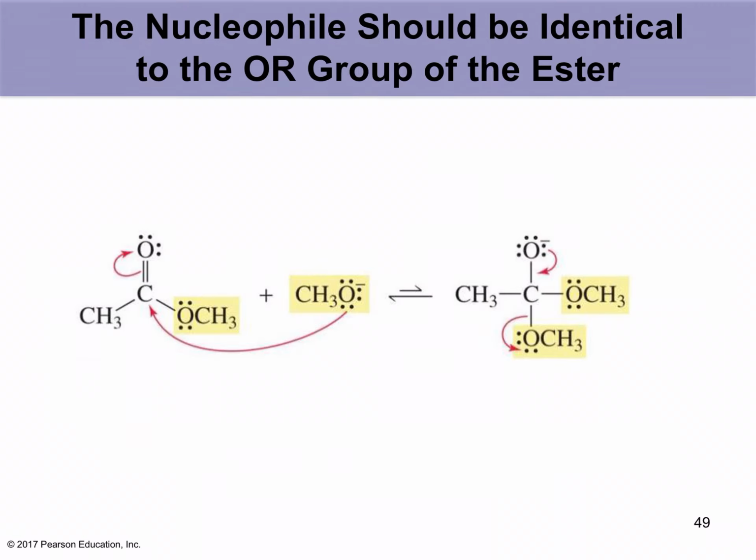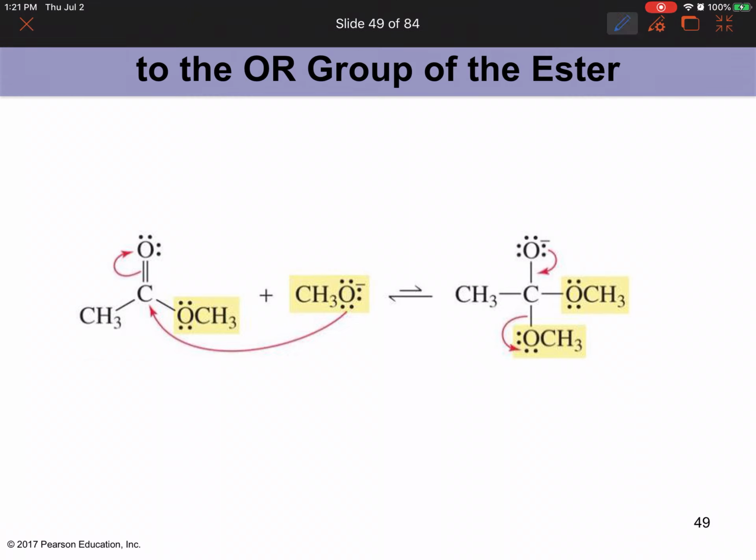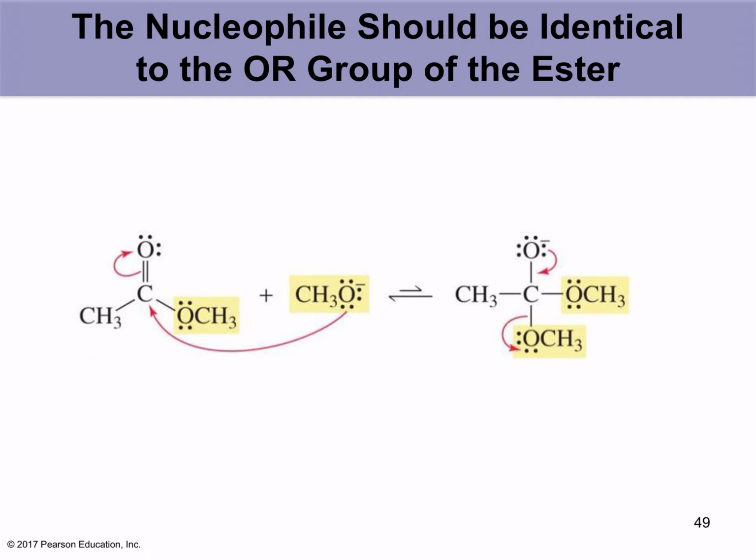The nucleophile should be identical to the alkoxy group of the ester. Now we have this ester group. In this ester we have an alkyl group, a methyl group, and the nucleophile also should be the same as the O-alkyl group.